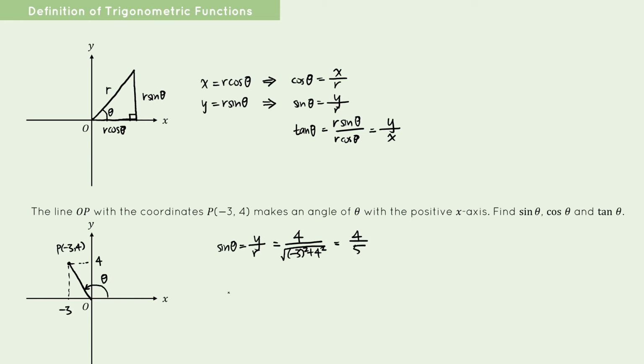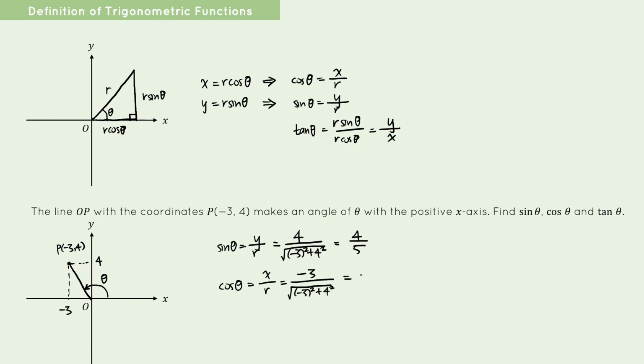Next we can find cosine theta, which is x over r. x is -3, r is the square root of -3 squared plus 4 squared.